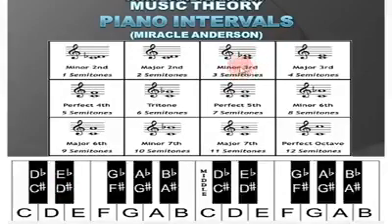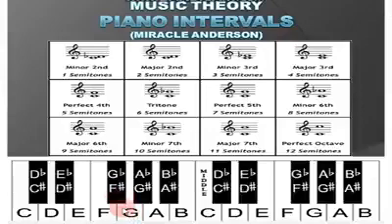Then the minor third has three semitones. Let's use E for example. If you want to know the minor third interval from E, you count three notes away from E. So you have 1 F, 2 F sharp, 3 G. So from E to G is a minor third interval.